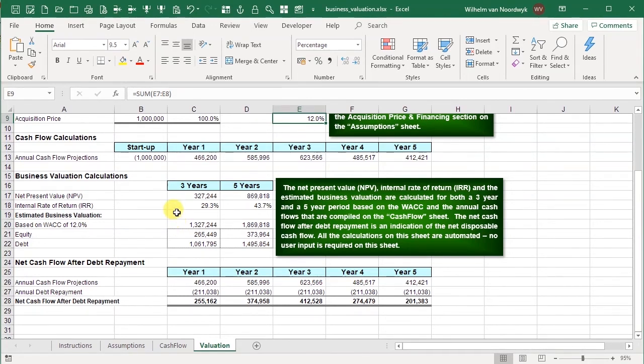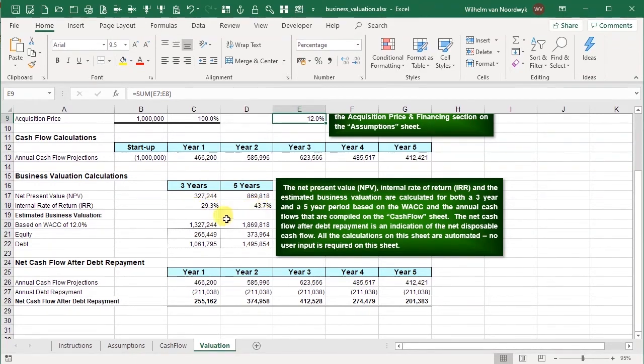If it's negative, it doesn't achieve a return to get to a zero net present value, then that would be a very negative sign. The internal rate of return will give you your annual percentage.